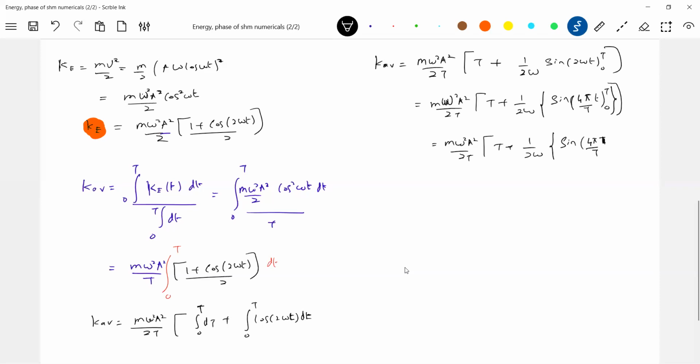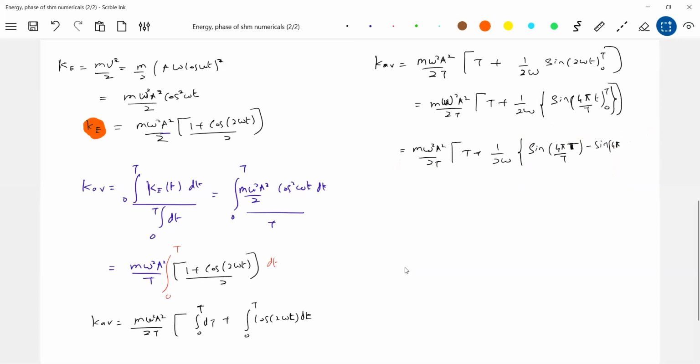Minus sine of 0. I think everything will end up what?